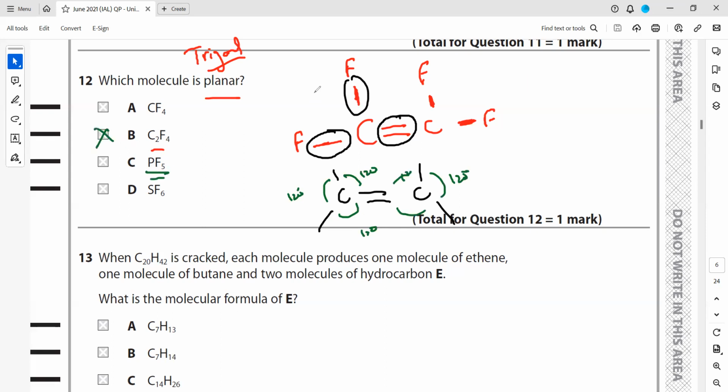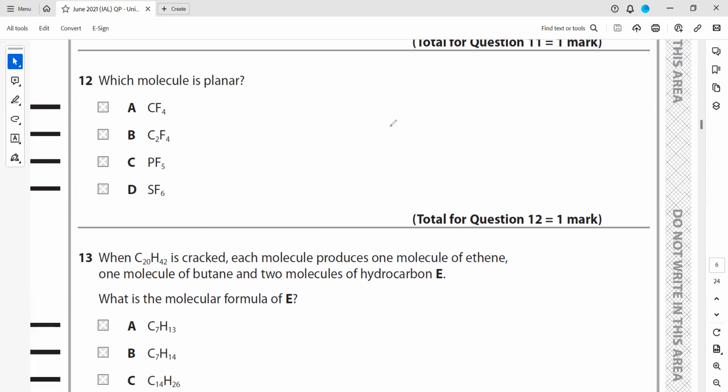What about PF5, phosphorus pentafluoride? So there is a phosphorus, and this phosphorus is bonded with 5 fluorine. When we draw the structure, one will be up, one will be down. So this is trigonal bipyramidal.